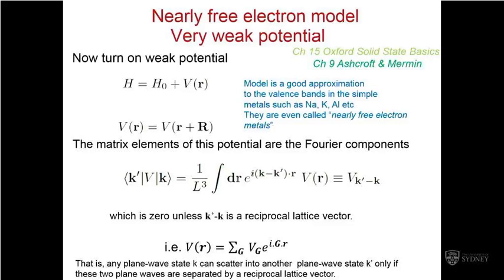The matrix elements that you will form around the potential are given here. These are just the Fourier coefficients, because remember we can expand the potential V(r) as a Fourier series due to the periodicity. Any plane wave state k can scatter into any other plane wave only if they are separated by a reciprocal lattice vector.